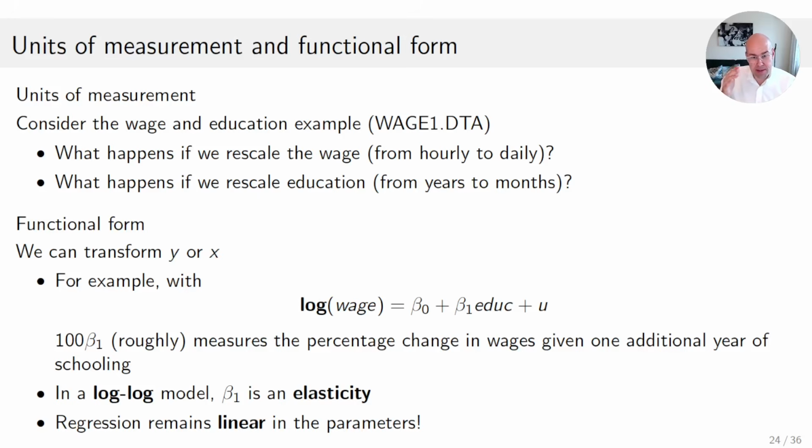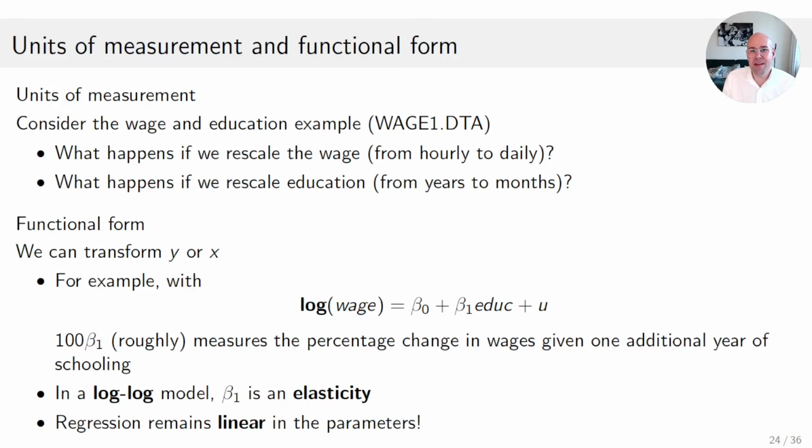That means beta 1 is the percentage change in wages if you change education by 1%. In the context of education this is not so often used, but in the context of price effects, it would be the percentage change in demand if you change prices by 1%. This is the so-called price elasticity, and it is a very important quantity in the context of demand analysis.